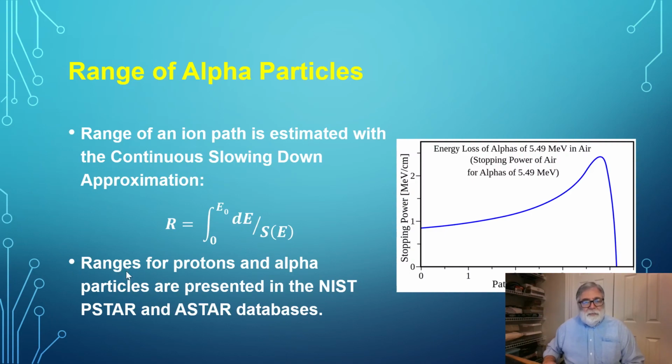Last time I showed you that data for the stopping power, the dE/dx, and the mass stopping power, where that's divided by the mass density, is available on databases from NIST, the National Institute of Standards and Technology. It's a great resource, and we have a lot of information available to us.